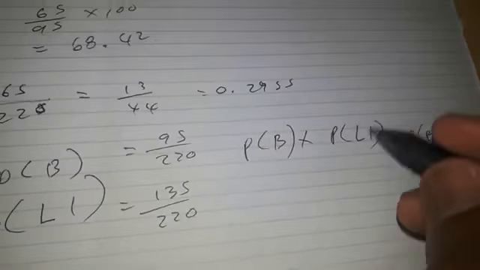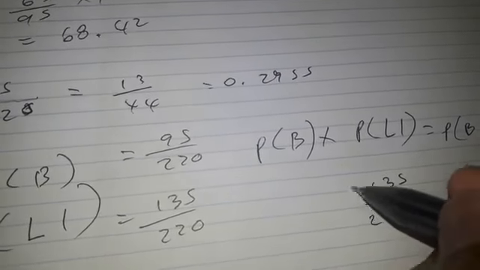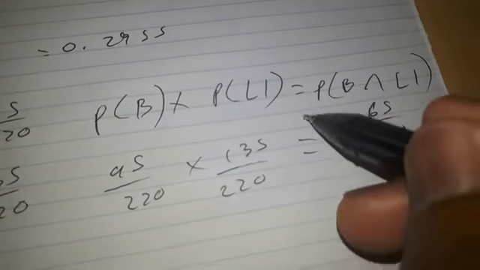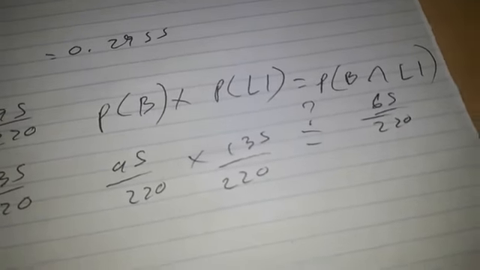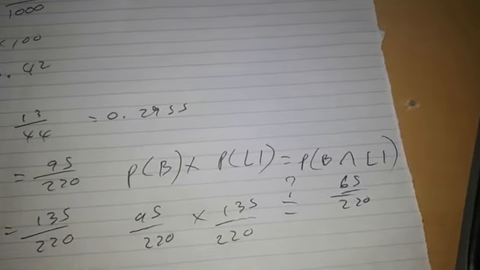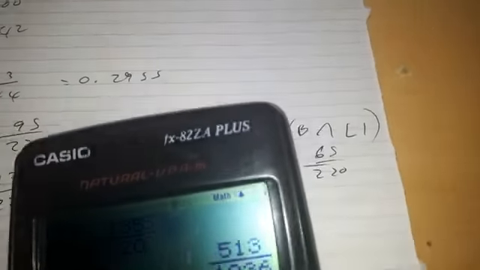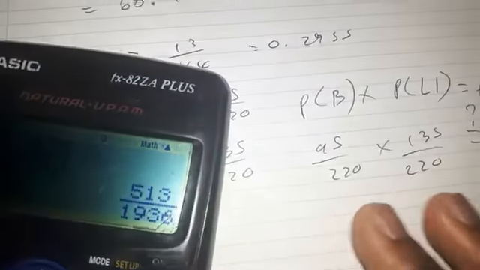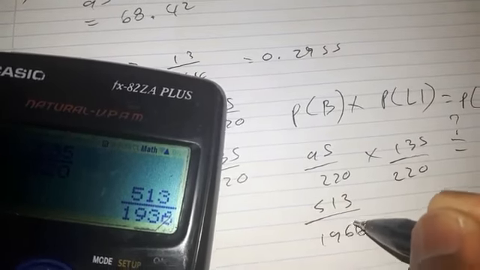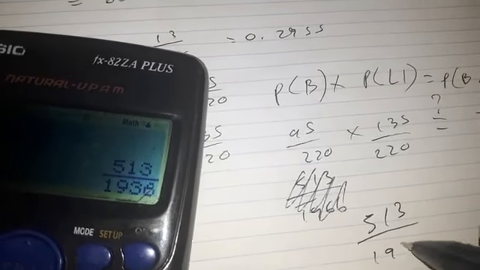The probability of liking ice cream is 135 over 220. The probability of being a boy is 95 over 220. Let's see if these match up. In your calculator, just put 95 over 220 times 135 over 220. Well, that's giving us a big number, 513 over 1936.